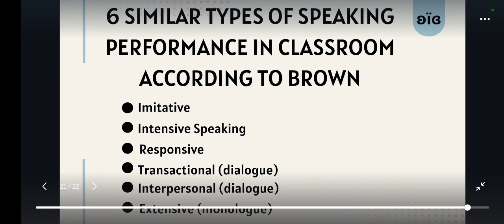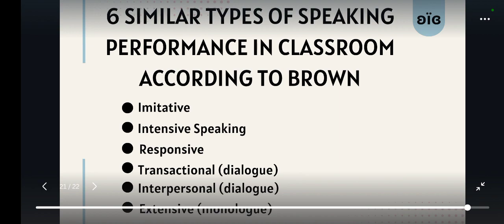Here, the register is more formal and deliberative, and the monologue can be planned or impromptu. So, as you can see, from imitative to extensive, it's leveling up as the performances happen inside the classroom, while also leveling up the speaking skills of the students.